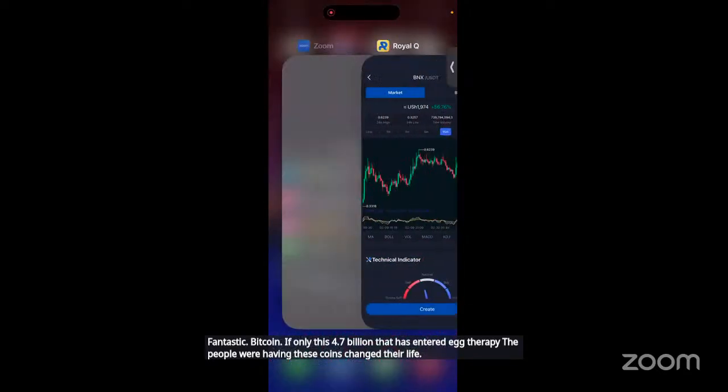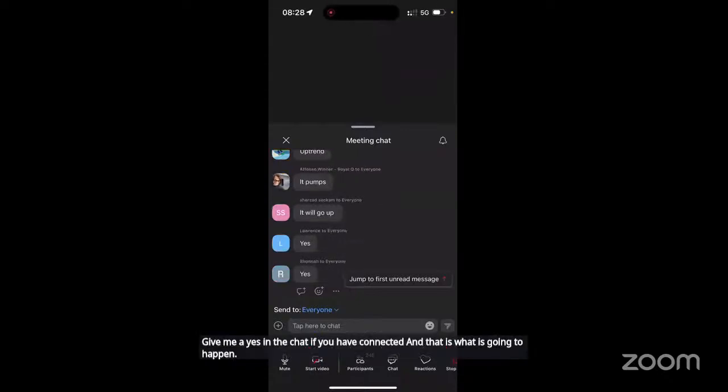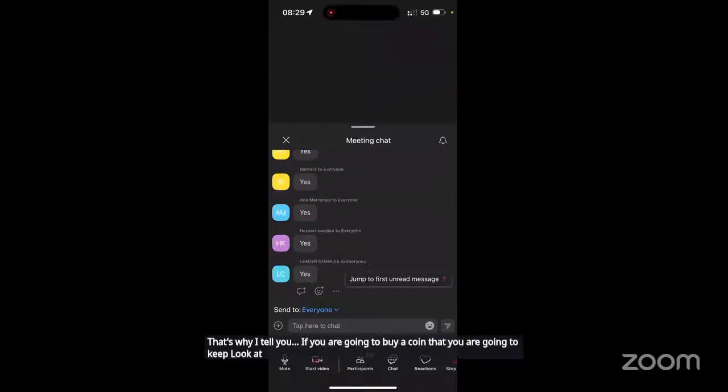Give me a yes in the chat if you have connected. And that is what is going to happen. That's why I tell you, if you are going to buy a coin that you are going to keep, look at how much money is in this coin.